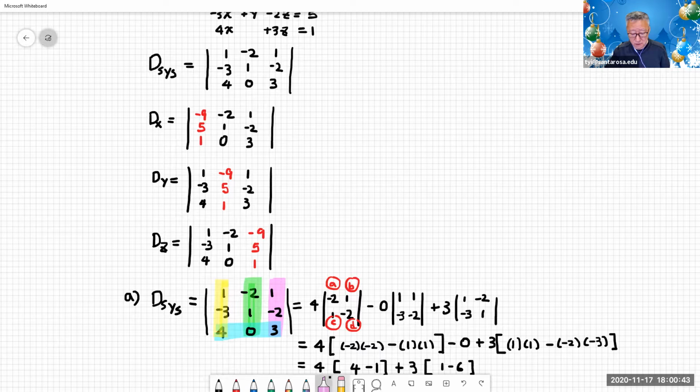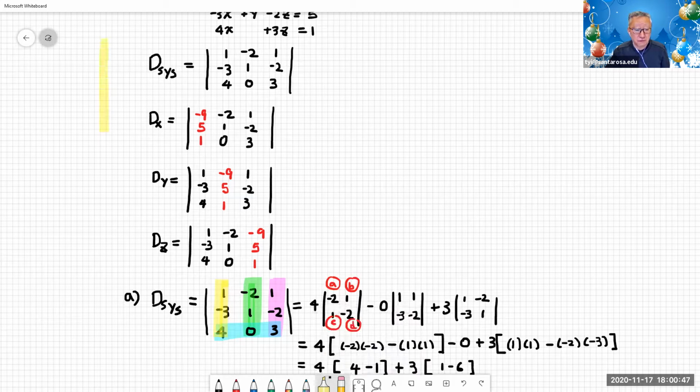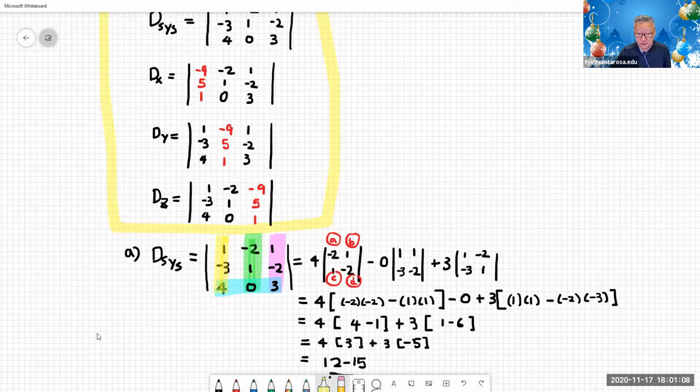So collecting all the coefficients from the system of linear equations and putting them into the correct determinant form like this. Once you put them into the determinant form, now you're going to have to find the determinant for the system, x, y, and z.